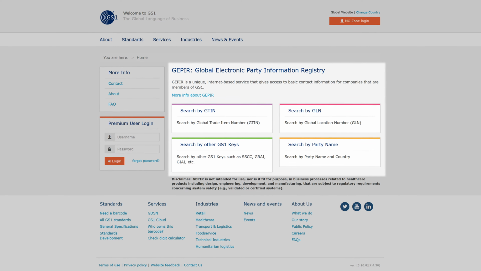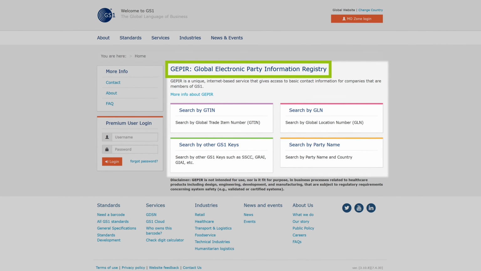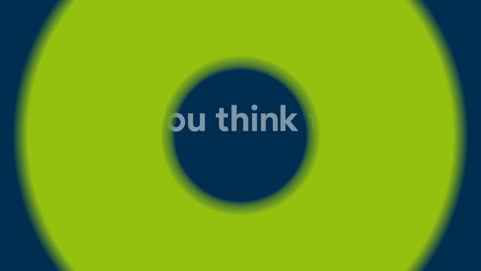A company could come to GS1, look in our database and say, yes, that is the true company. And that database is available to anybody on our public website. We call it GEPIR. And Amazon, along with other major platforms, uses that database to validate the GTINs.